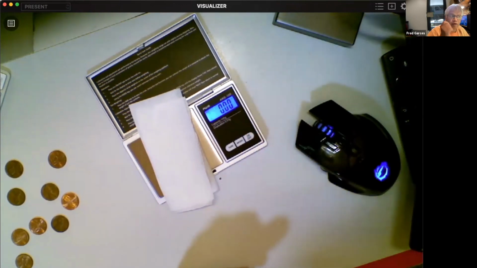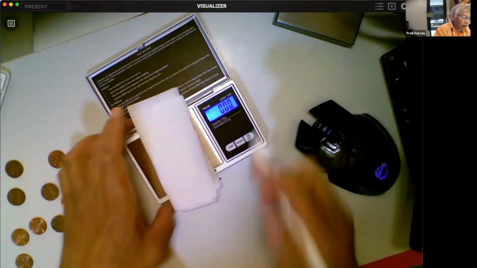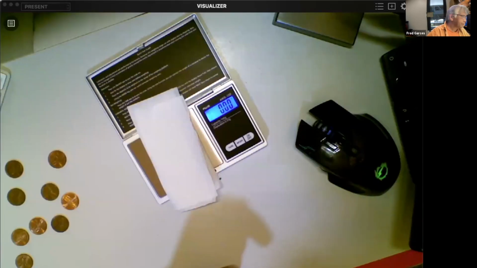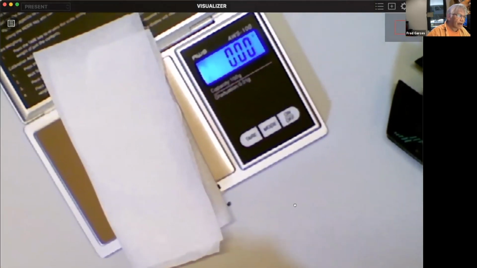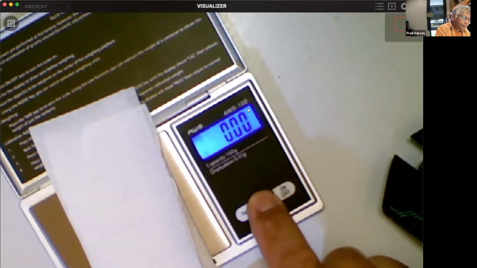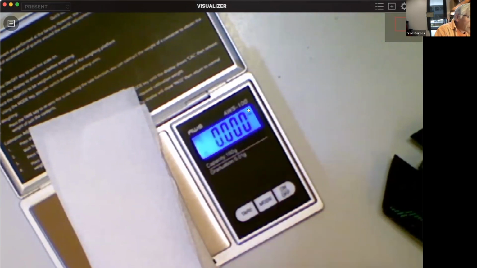And then it's very important that, let me zoom in here, that this thing reads grams, because if you do mode, it can be ounces.